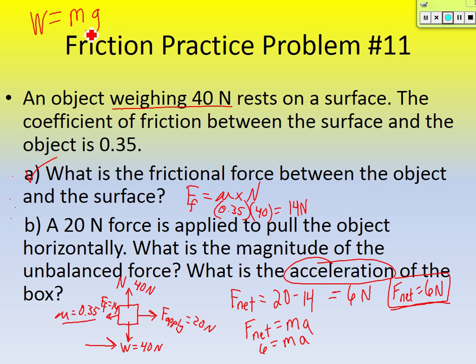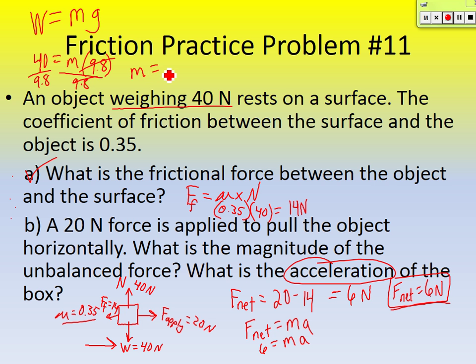So if the weight is 40, let's plug in 40 for the weight. We don't have the mass. Do we have g? Yes. What is it on Earth? 9.8. Okay, how do I get m by itself? Divide by 9.8. So 40 divided by 9.8 will give us its mass.